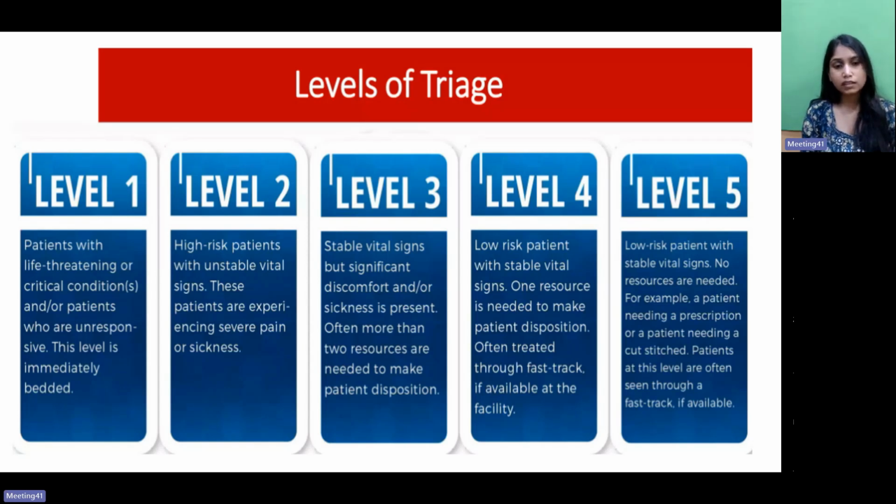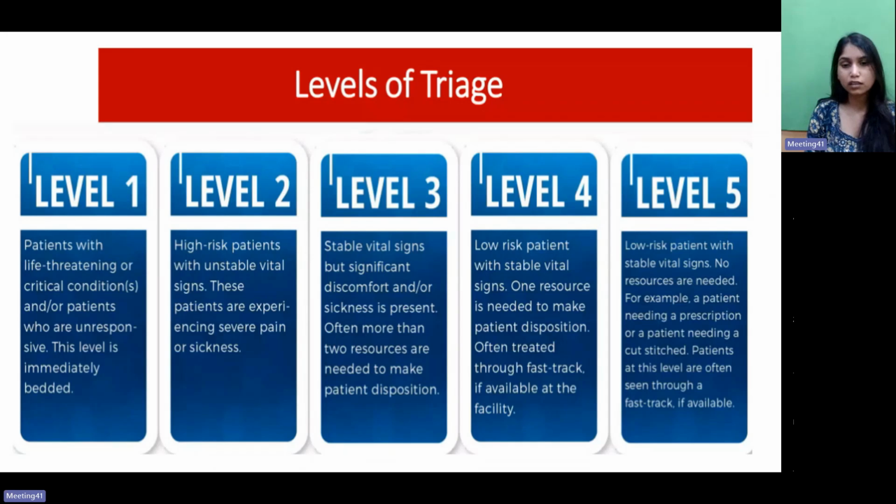In level 3, there are stable vital signs but significant sickness is present, you will feel sick, and often more than two resources are needed to make a patient disposition. Fine. Now, level 4 is the low risk patient with stable vital signs.